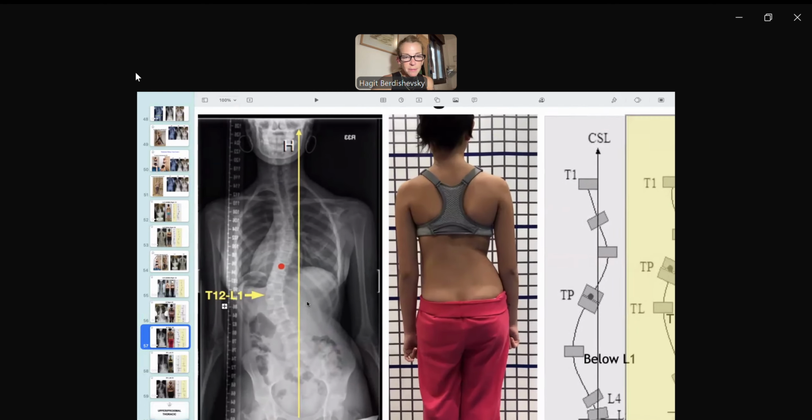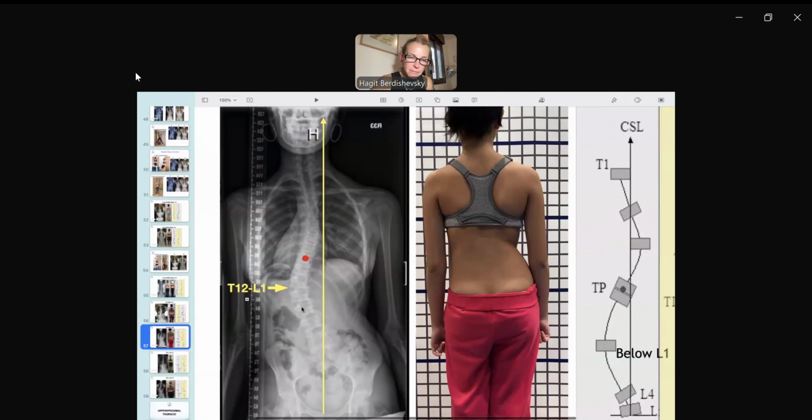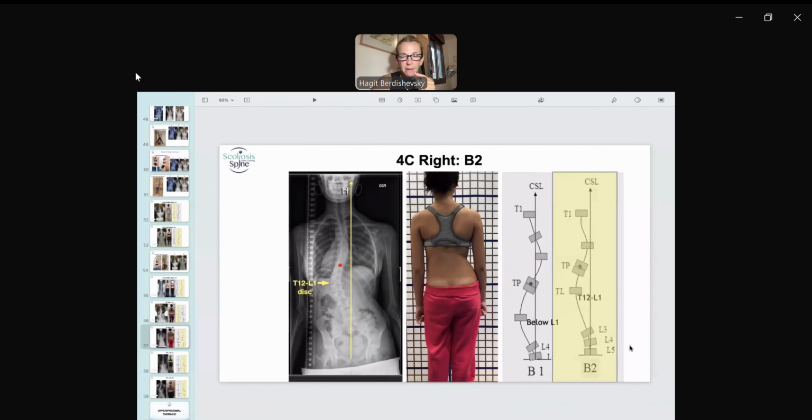This one, we see the same thing, transitional point to the left, there is thoracic, there is lumbar, and the apex again is the disc between T12 and L1. Because now it's between T12 and L1, this is going to be a B2 type.